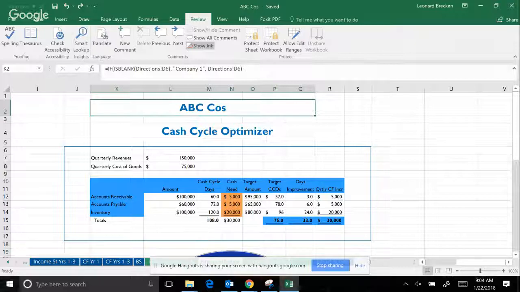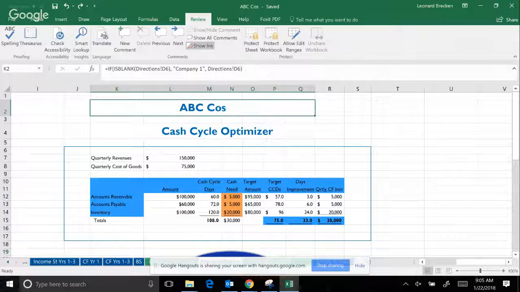This particular client was having trouble making payroll. So we looked at those three accounts to see what it would look like if we optimized them. We ran scenarios where, if we needed $30,000 in monthly cash flow, how would you get there?